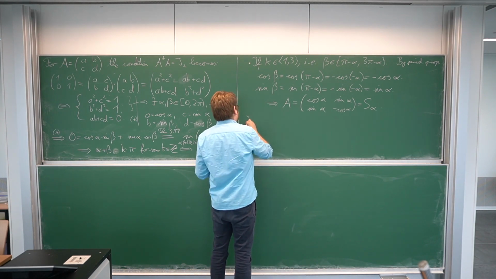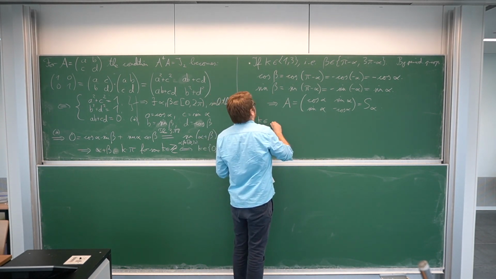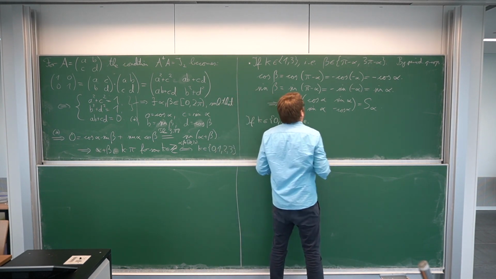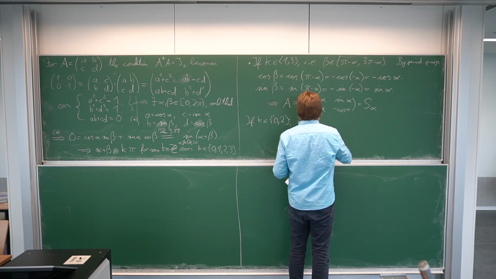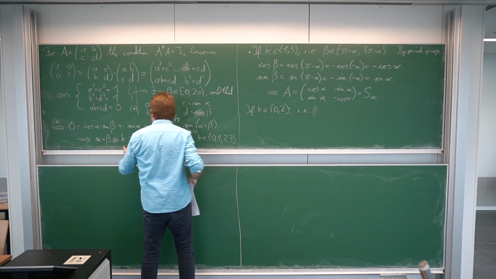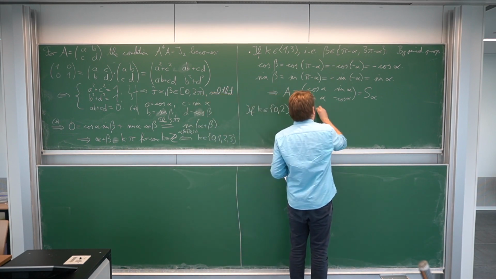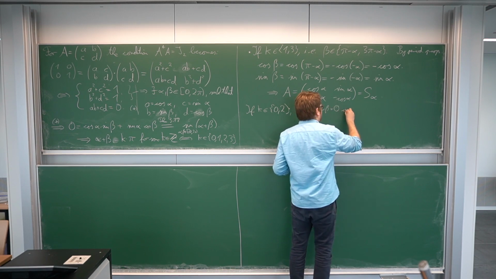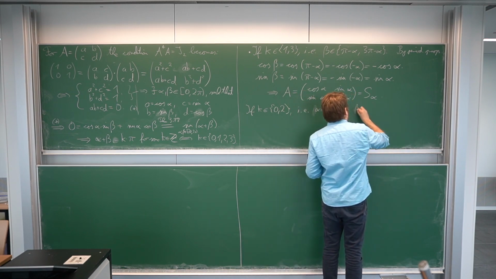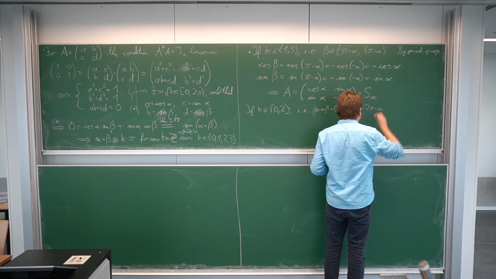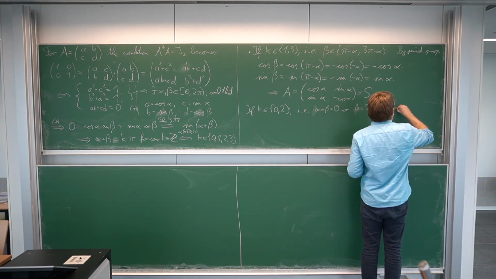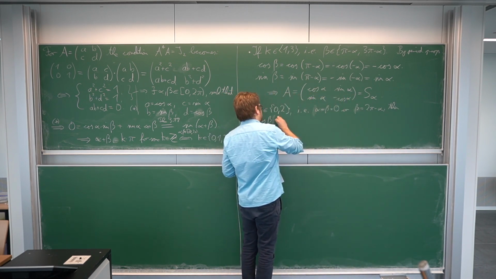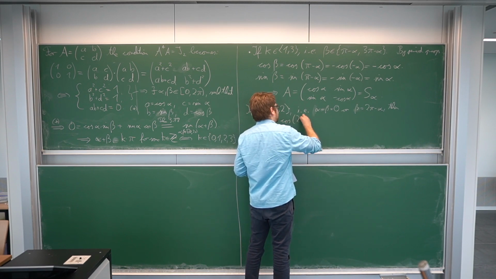Okay, in the other case, if k is 0 or 2, this means the two angles sum up to 0 or 2 pi, but as they are non-negative, this means either alpha equals beta equals 0, or beta is 2 pi minus alpha. Then we observe in the same way that the cosine of beta is the cosine of 2 pi minus alpha.